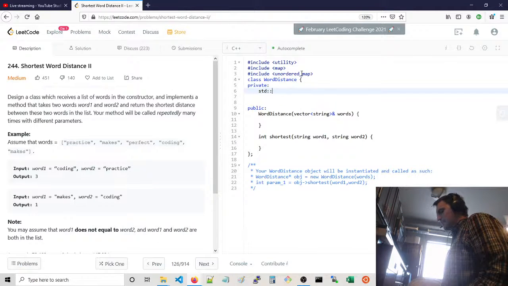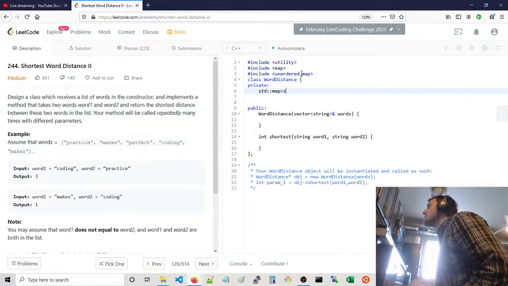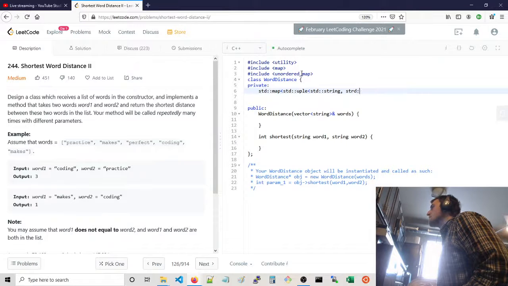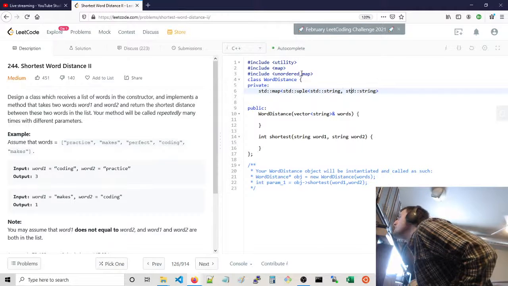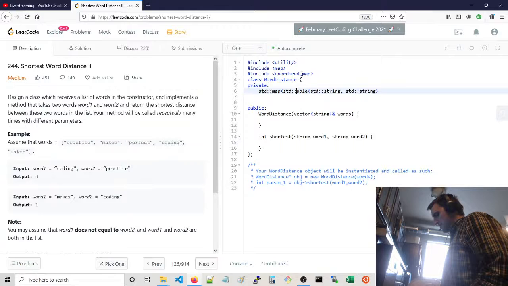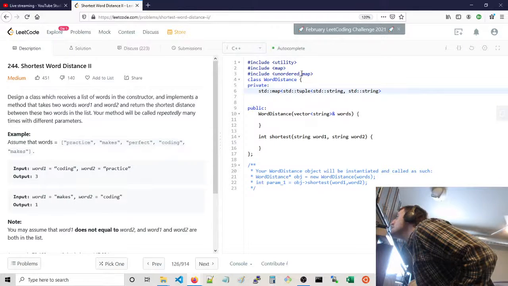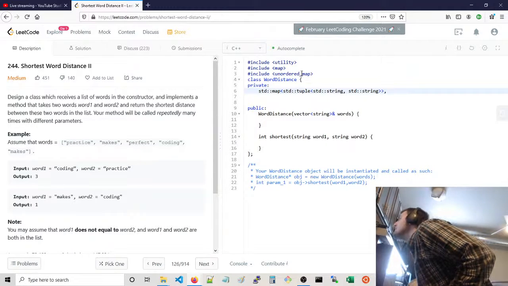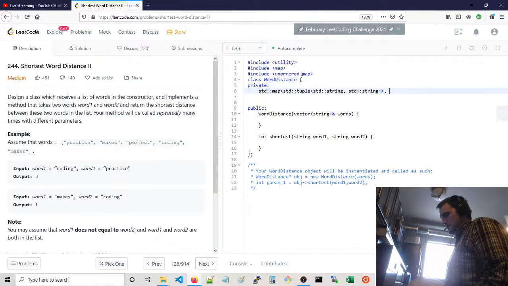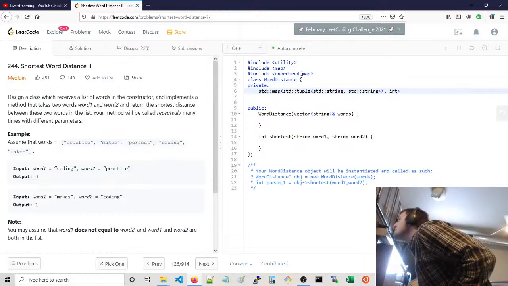It's going to be a map of tuple of strings, so a string tuple, and actually an integer, just the answer.